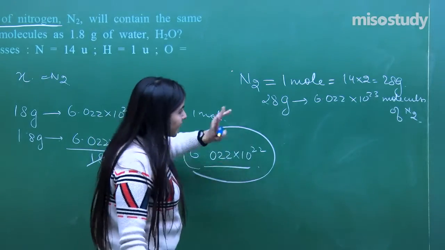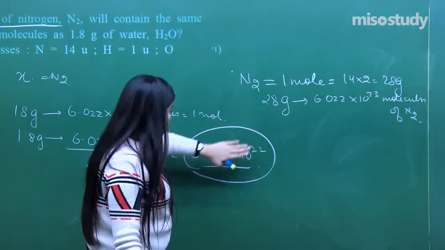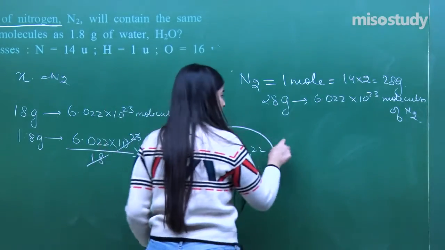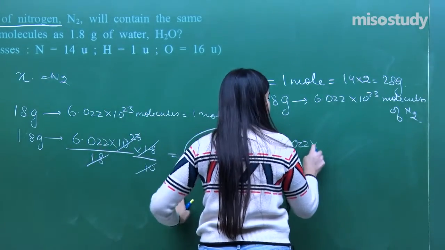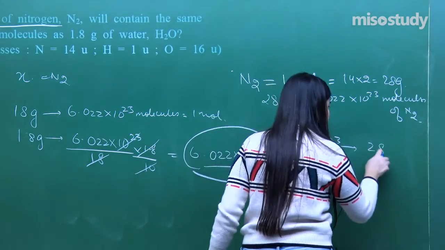So again the unitary method: 6.022 into 10 to the power 23 corresponds to 28 grams.